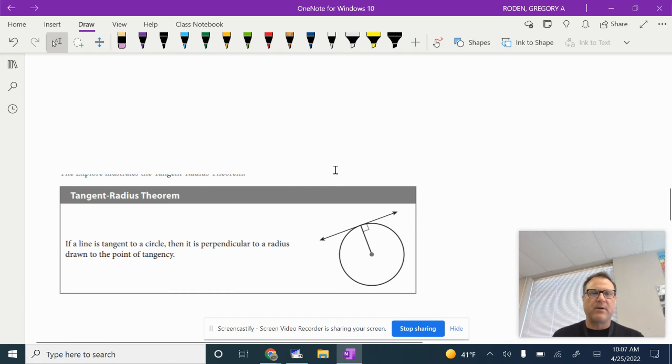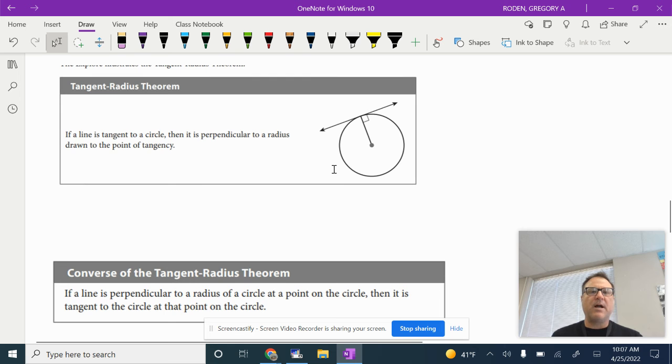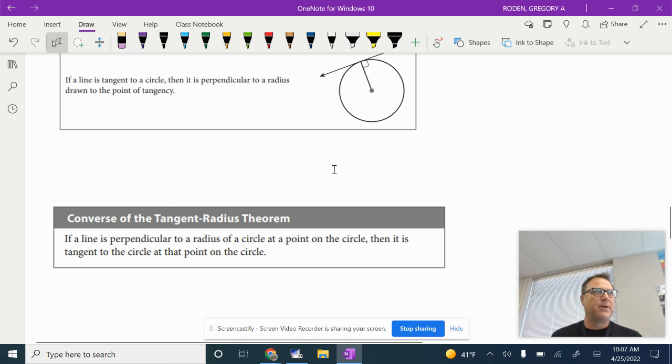The converse of that is also true. If a line is perpendicular to the radius of a circle at a point on the circle, then it is a tangent, and that point is the point of tangency. So if you're not sure whether a line is tangent, and it's perpendicular, then you know it's a tangent.